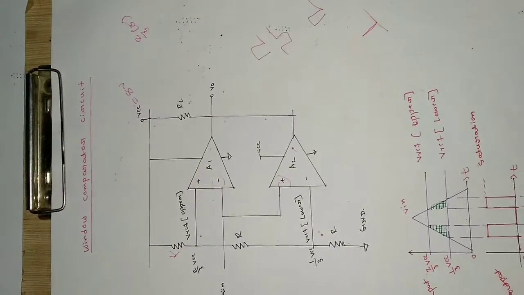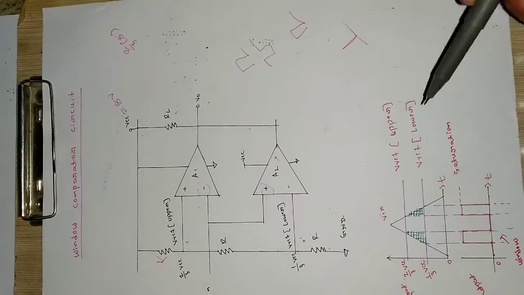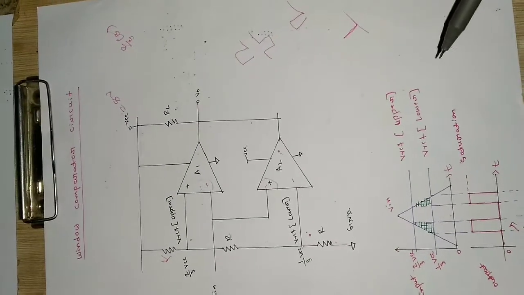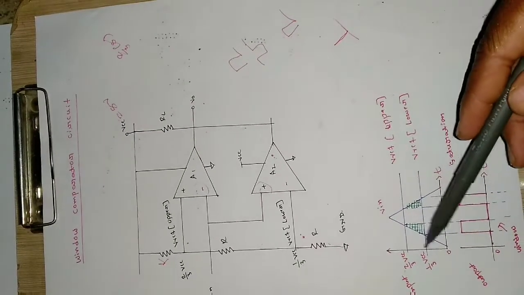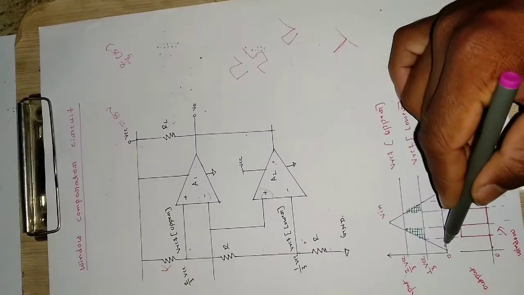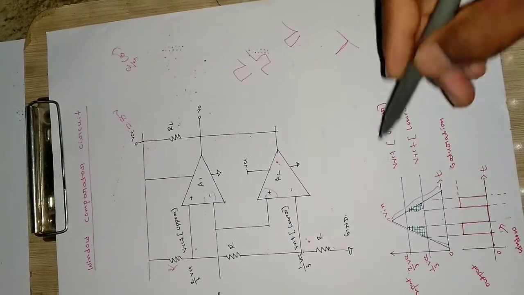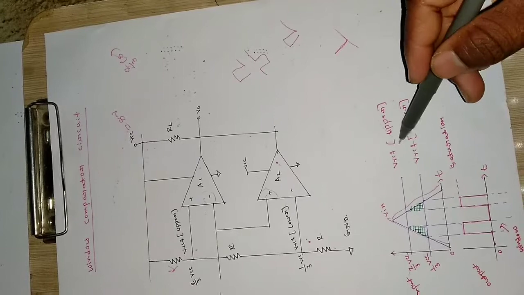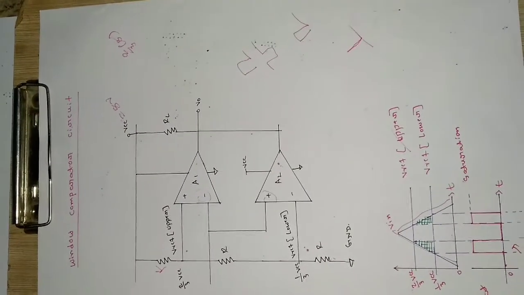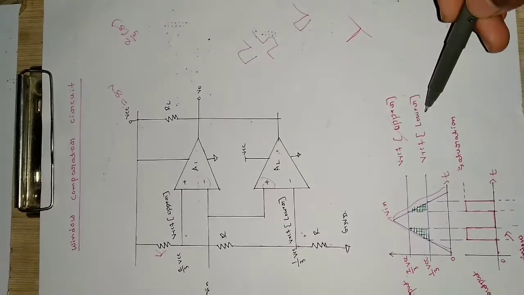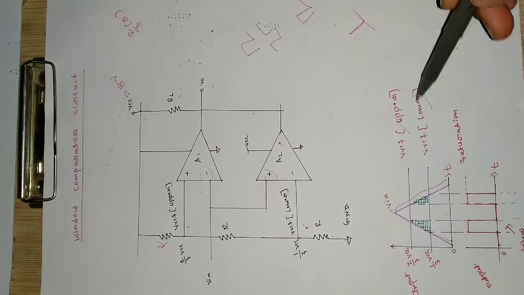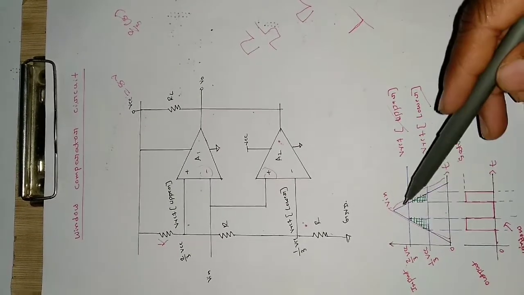Okay, so now let us try to see the output waveform. This is the input waveform which was applied. This is the triangular wave applied here, and this is the upper reference voltage and this is the lower reference voltage, that is two-third of VCC and one-third of VCC.